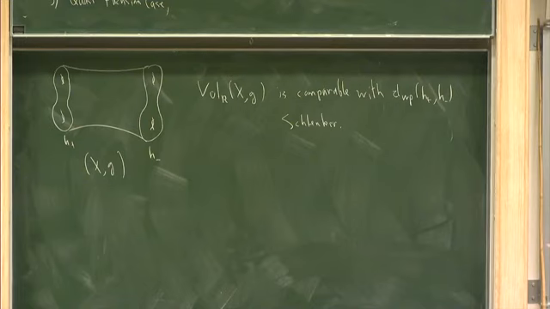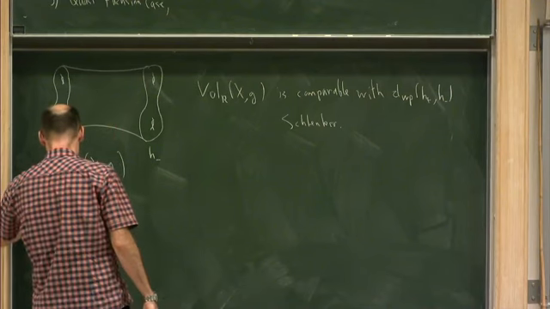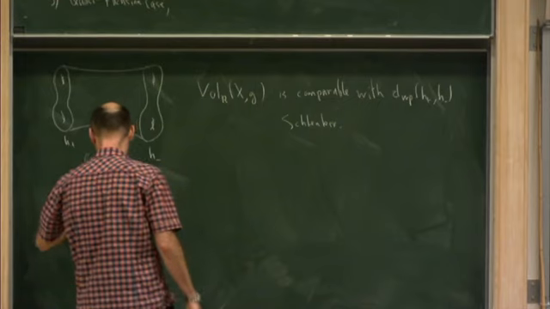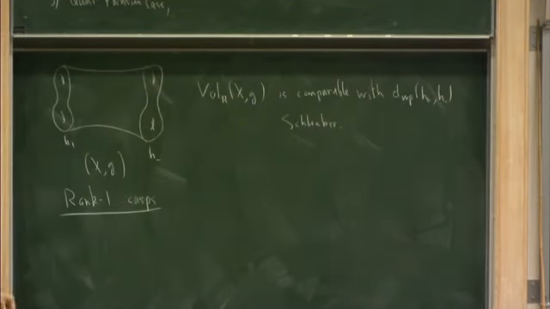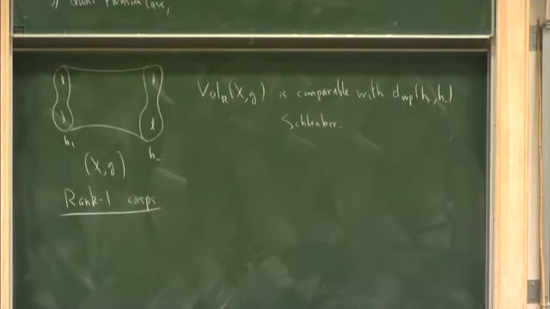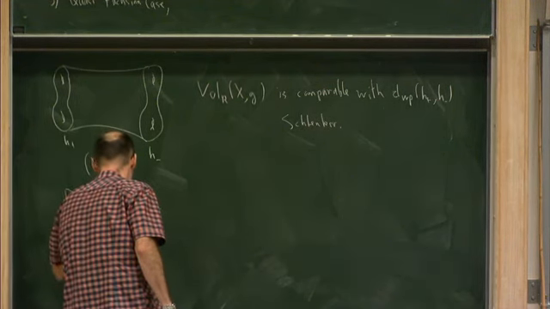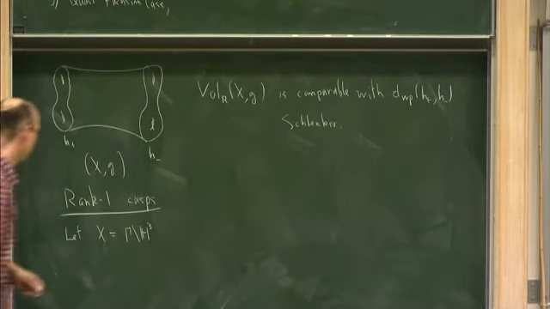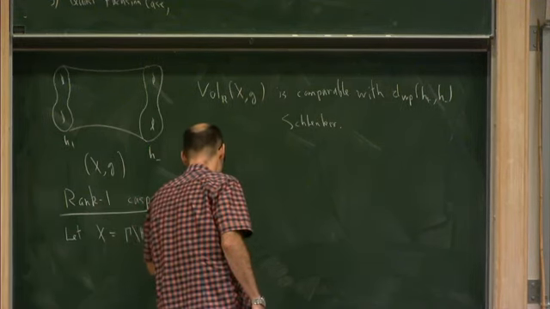Okay. So then I want to start with new results. What if there's a rank 1 cusp? I'll first remind or explain what those are. Let X be, I'll write it directly as a quotient of hyperbolic 3-space.